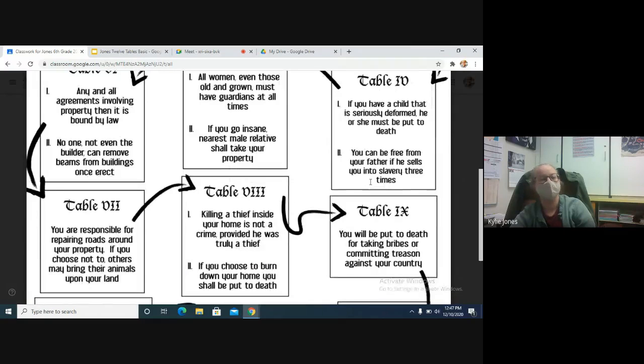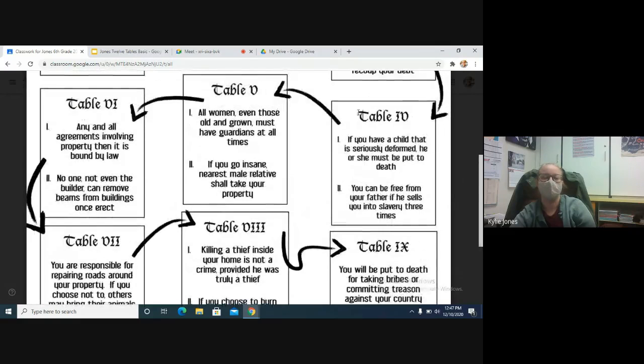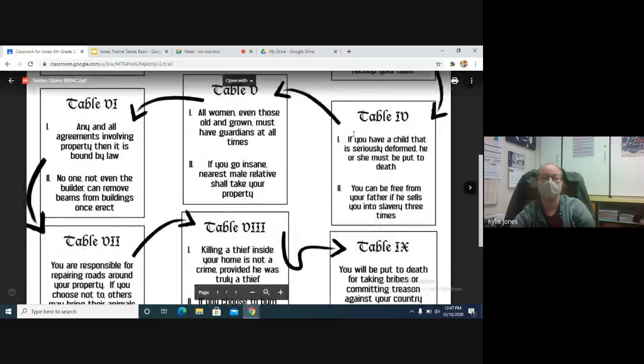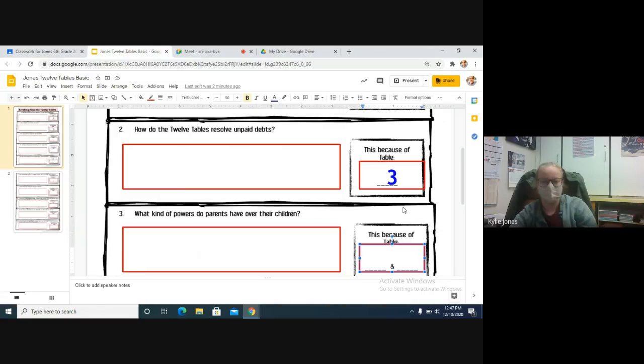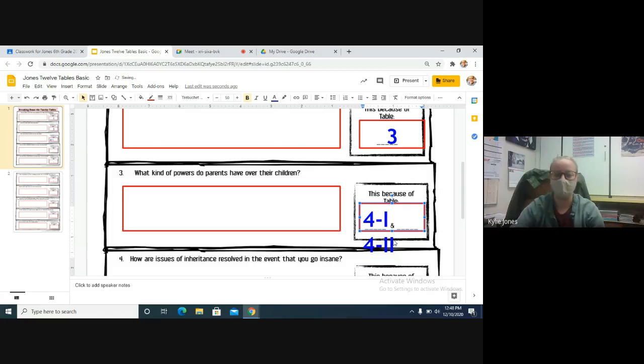But it says and. I know, but it might be number 4, 1, and 2. Does that make sense? Yeah. You use table number 4, and there's 4-1 and 4-2. So we'll just say 4-1 and 4-2. So it gives you both.